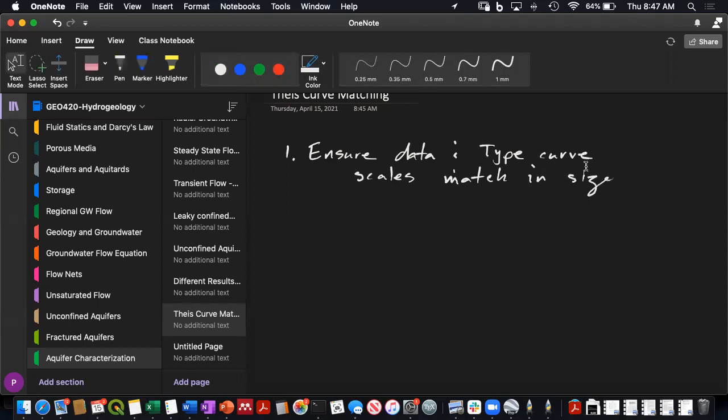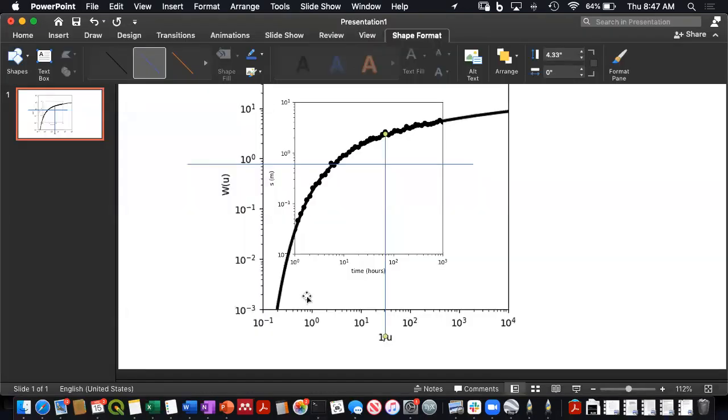They don't have to be the same numbers, but they need to match in size. And that this whole resizing thing, so that the spacing between one log cycle on one is the same as the spacing between the log cycle on the other. They definitely both have to be log, and the distance between log cycles has to be the same between the two graphs.